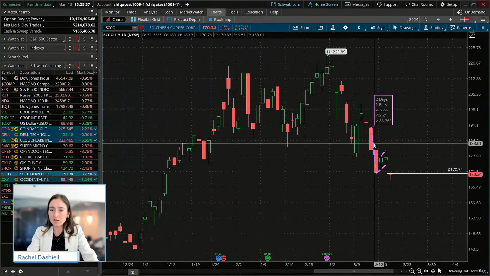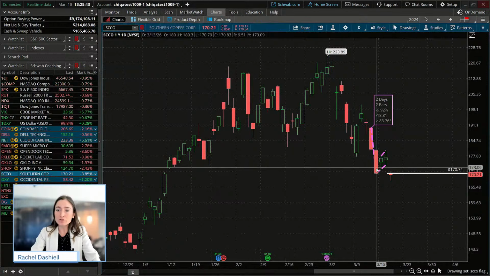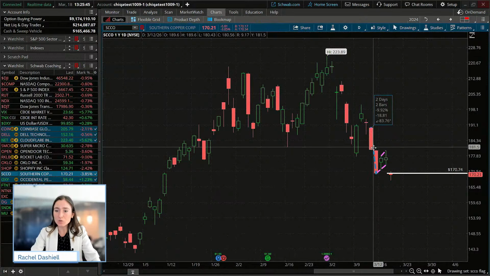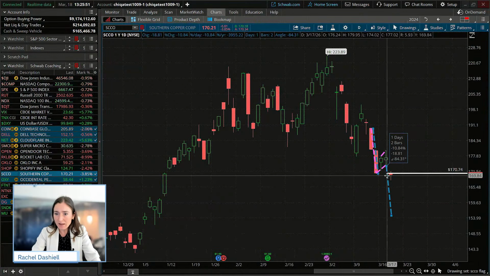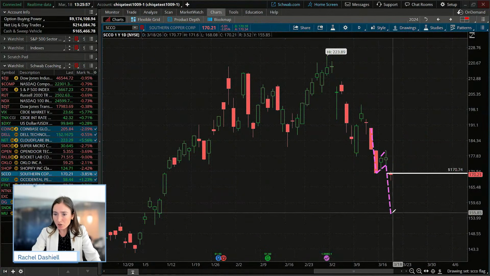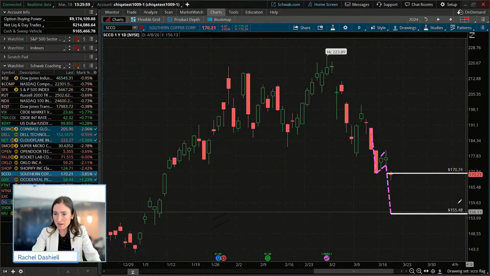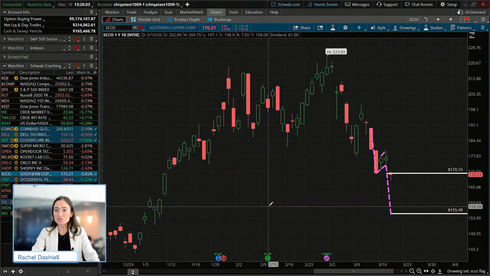So what are we seeing here? We're seeing about an 18, maybe possibly $19 move with that measured move in the flag pole. So essentially what we're going to take is just that entire depth of that move, and we're going to project that from the breakout point from where that flag was. And that's really going to place our target price, our measured move of that pattern, right around 155.48 or so.